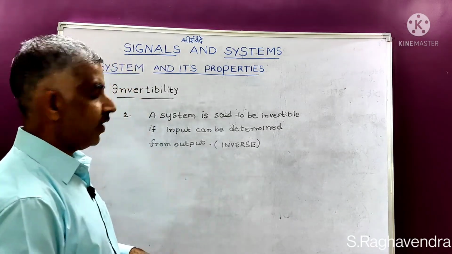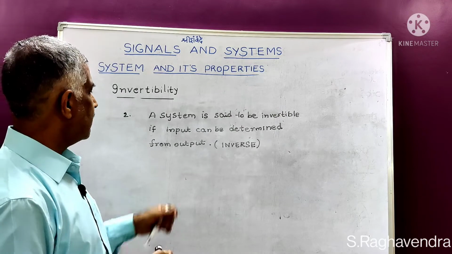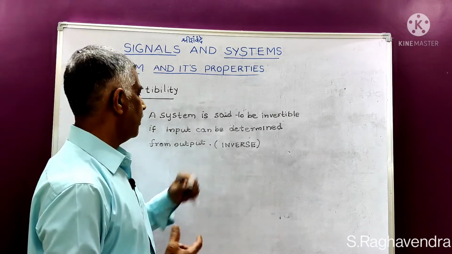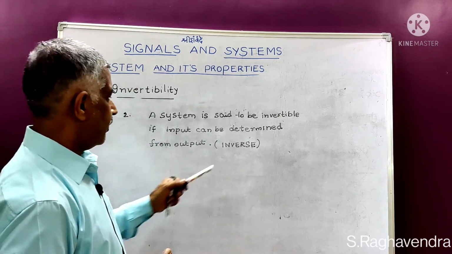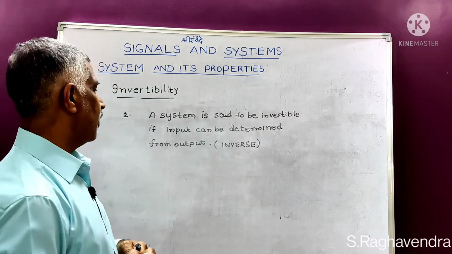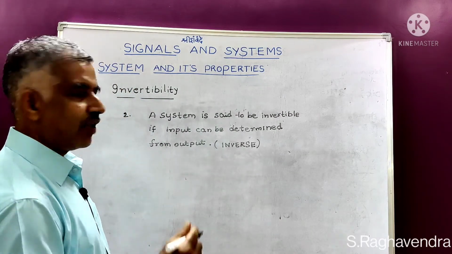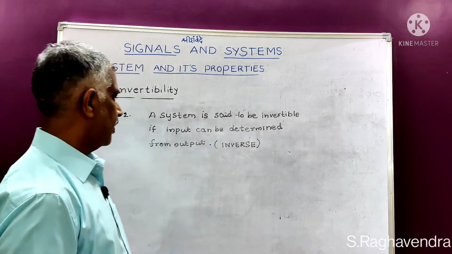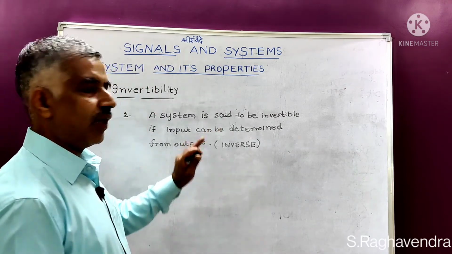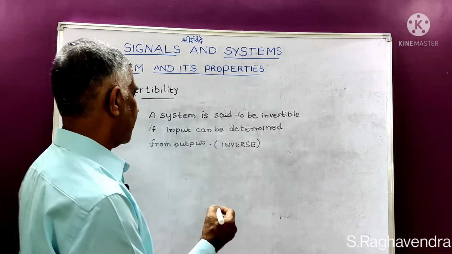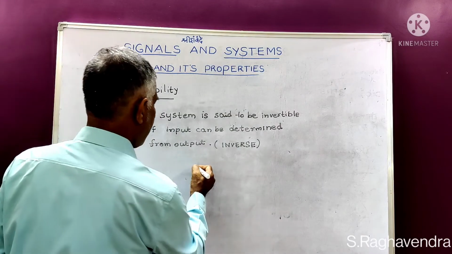Otherwise, it is said to be non-invertible. So this definition is based on the concept of inverse. I will sketch a block diagram, and before that I will give an example for an invertible system.